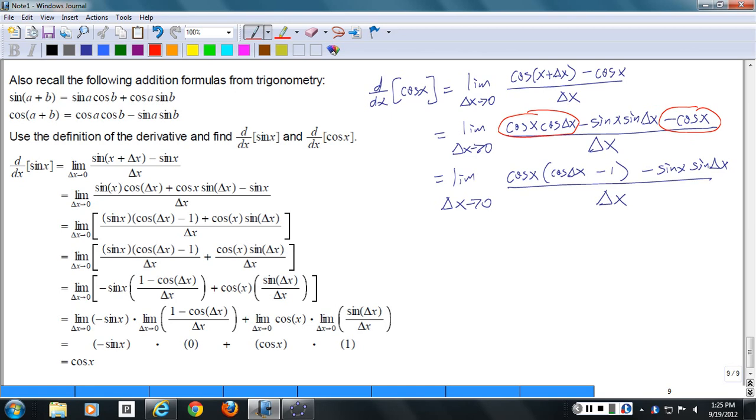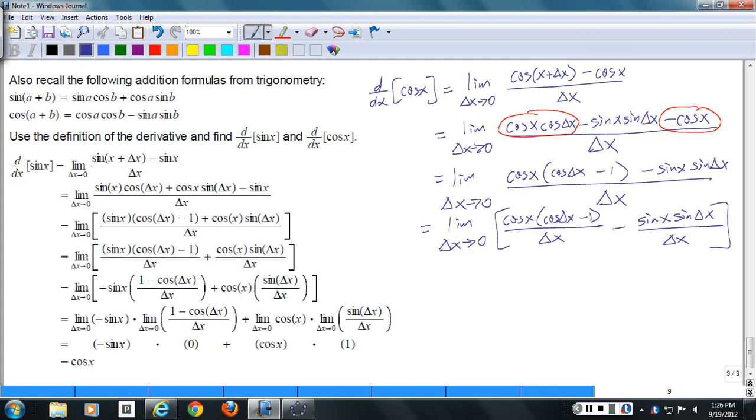All right, if I suspect that the limits actually exist, I can write, well, whether the limits exist or not, I can write this fraction as the difference of two expressions. So it's the limit of cosine x times cosine delta x minus 1 over delta x minus sine x sine delta x over delta x.